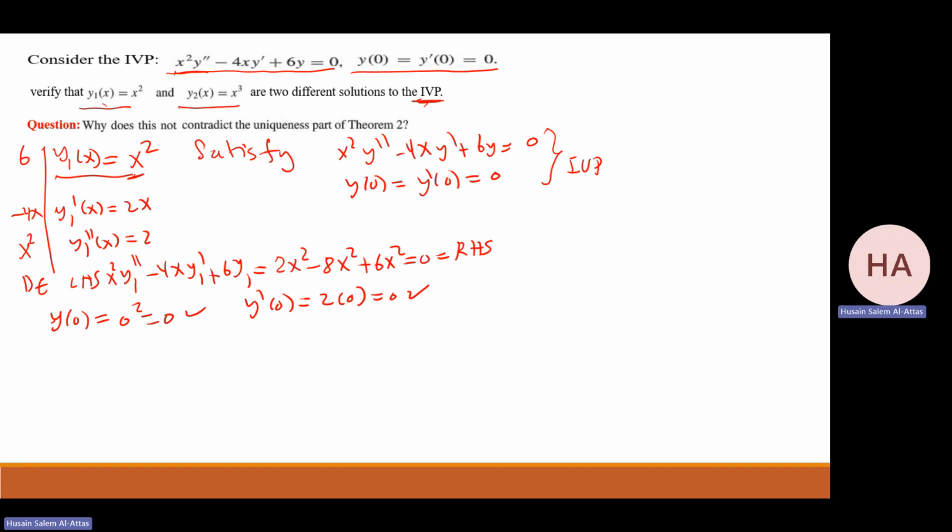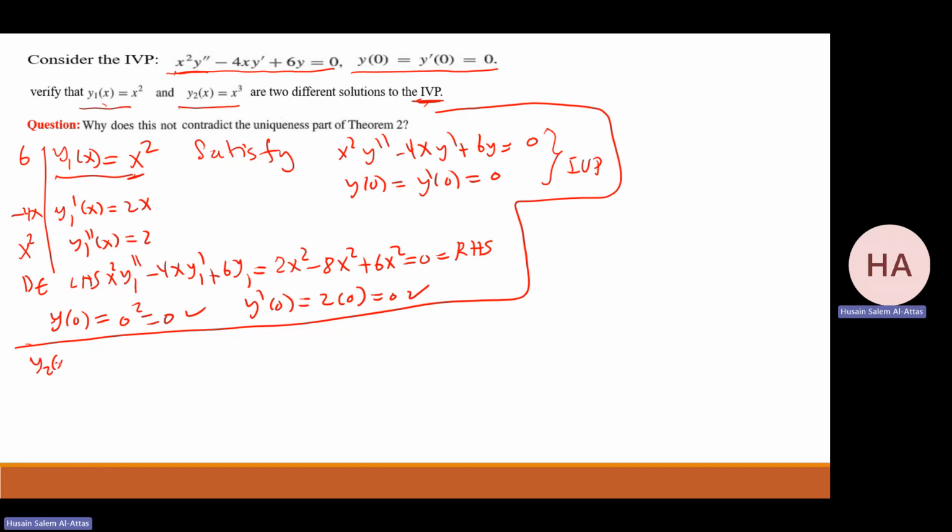Okay, now let me go to the next one, y2 of x equals x cubed. I need to satisfy the initial value problem. Y2 prime will be 3x squared, y2 double prime will be 6x.